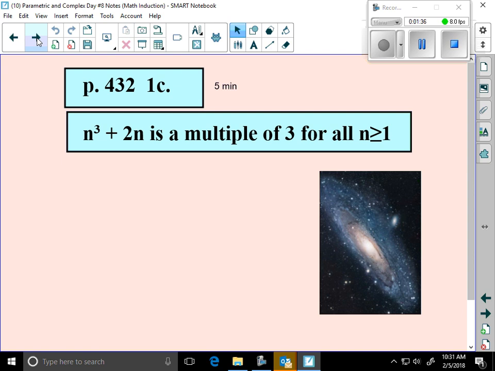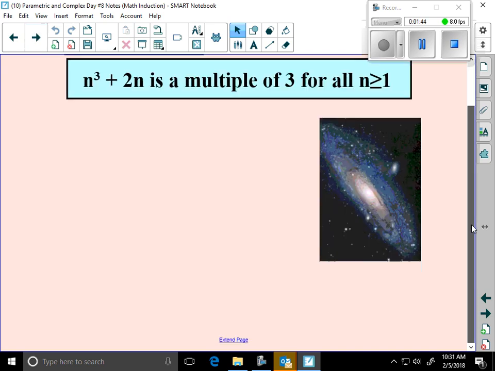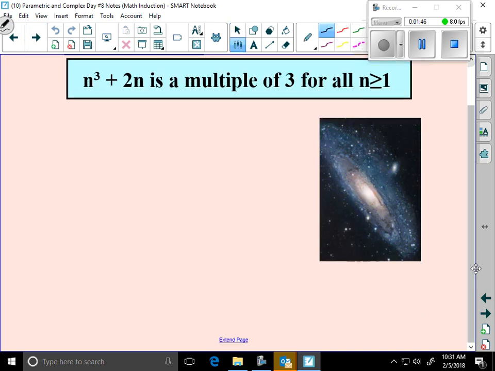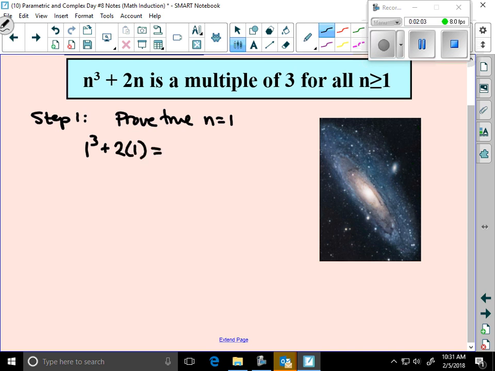I want to show n cubed plus 2n is a multiple of 3 for all values greater than or equal to 1. Step 1, what am I going to do? Prove true for n equals 1. Let's plug it in. If I plug in a 1, I get 1 cubed plus 2 times 1, and I want to prove that's a multiple of 3.